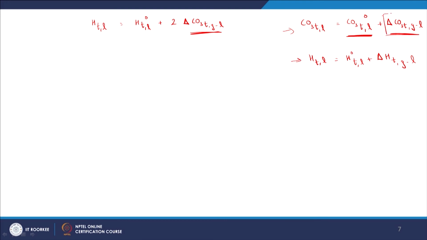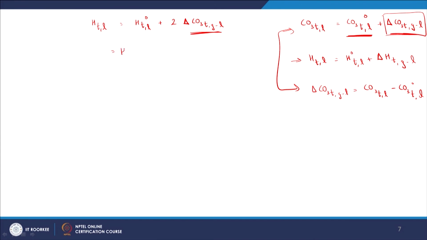More or less the same here. So now we have this variable, and continuing from here, delta CO3 total gas to liquid is going to be equal to CO3 total in the aqueous phase at equilibrium minus CO3 total initially in the aqueous phase. So I am going to plug this in here.